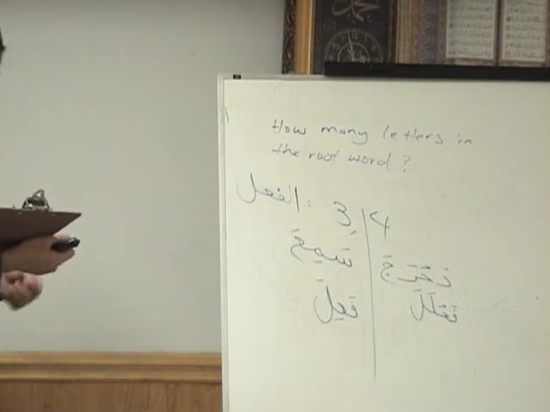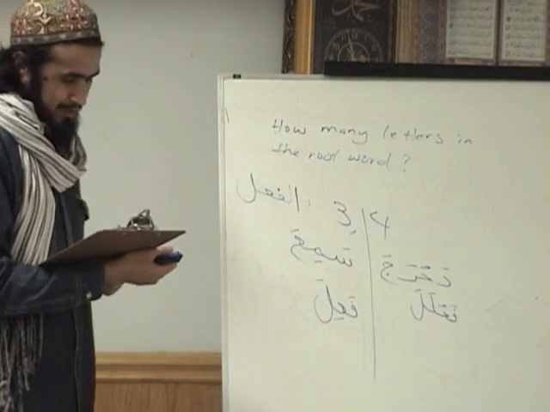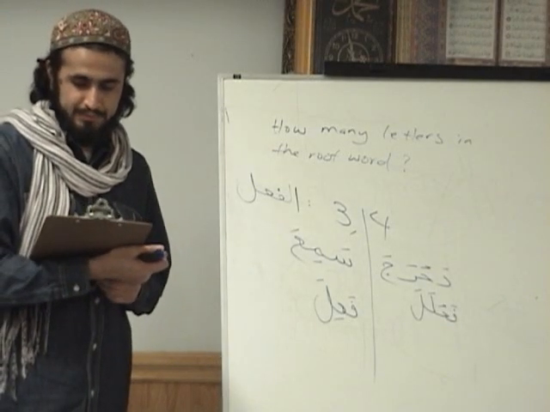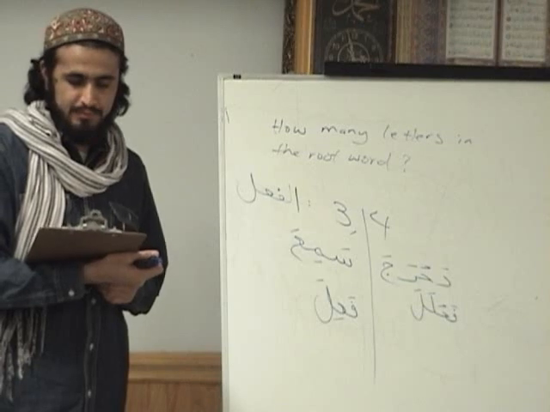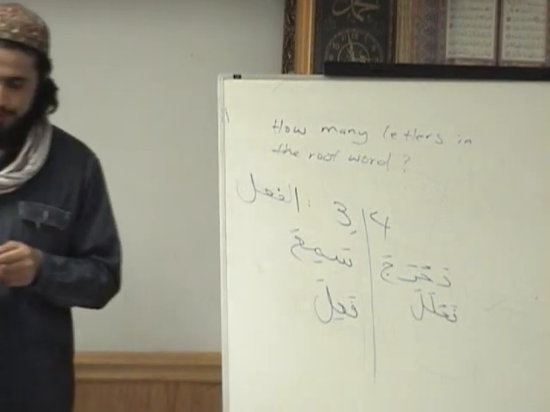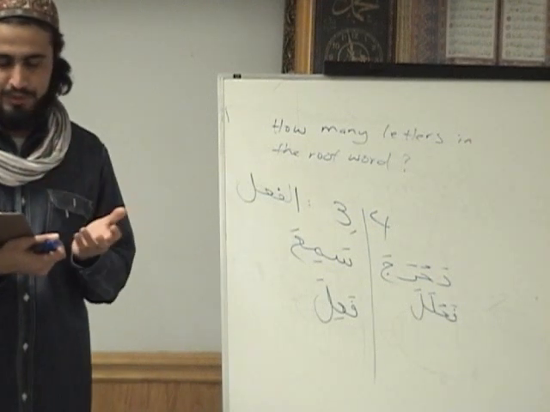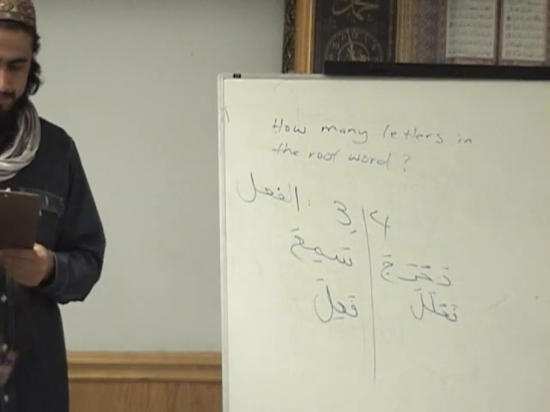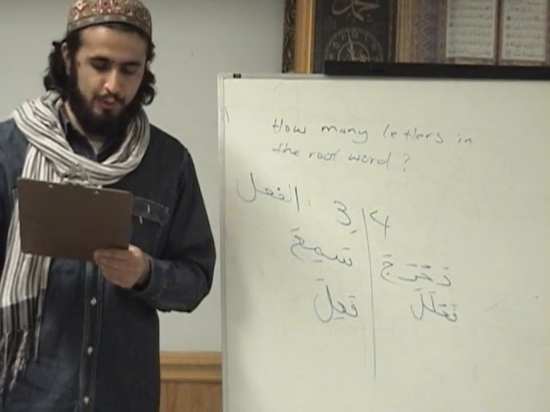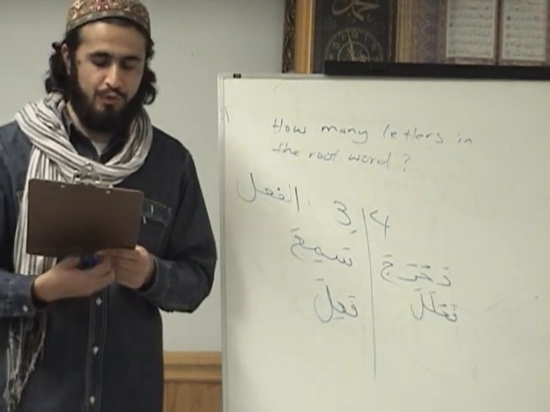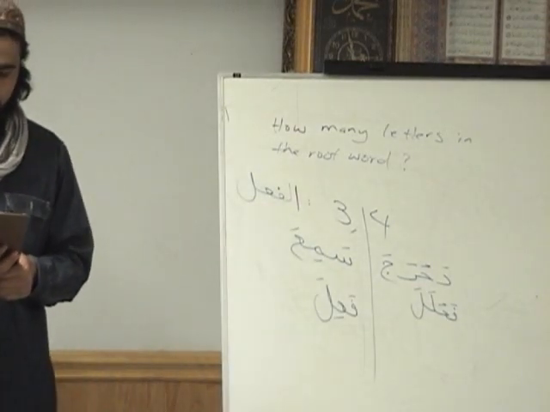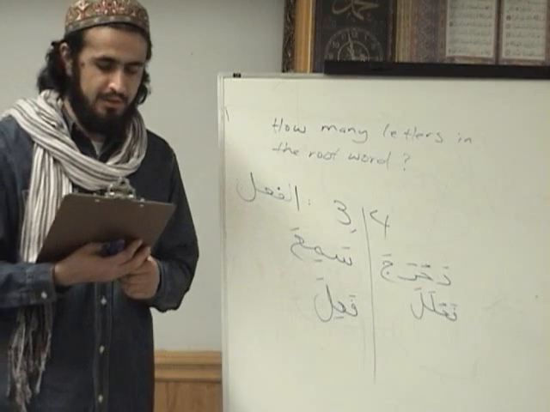Okay? So it doesn't apply to harf. If you have no more questions, we can move on. So just memorize it. The concept of the number of original letters doesn't apply to harf. It applies to ism and fi'l, and it applies in the following way. Ism can have 3, 4, or 5 original root word letters. Fi'l can have only 3 or 4 original root letters.